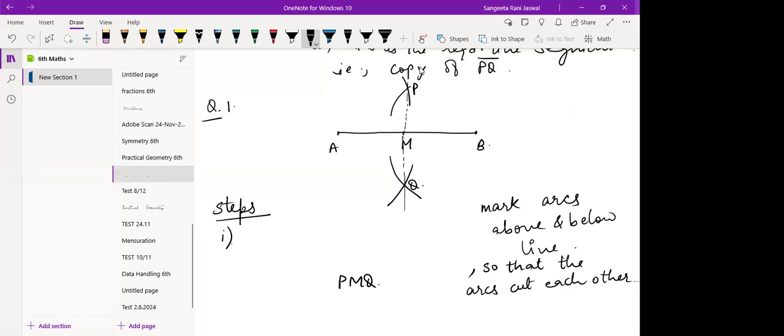Hence, now the last line. Hence, line segment PQ is the required perpendicular on line segment AB.